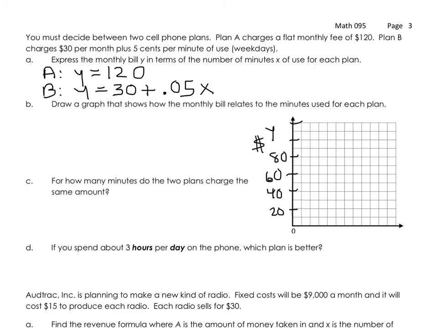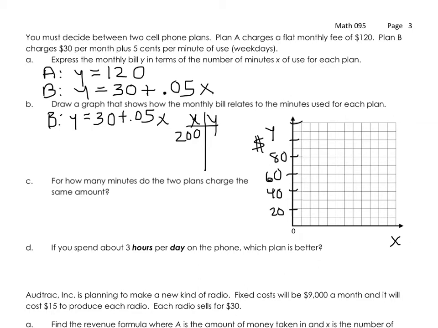Number of minutes. We need to decide what the scale should be on the x-axis. On Plan A, you don't care how many minutes you talk because you pay a flat fee of $120. So really, if we're thinking about number of minutes, we need to think about Plan B. Let's let x be 200. If you talk for 200 minutes, you will pay 200 times 0.05.